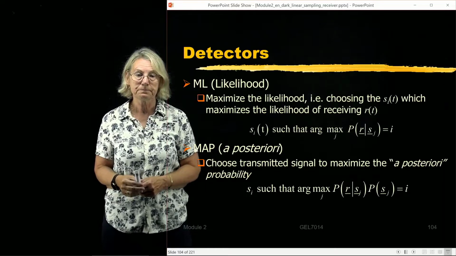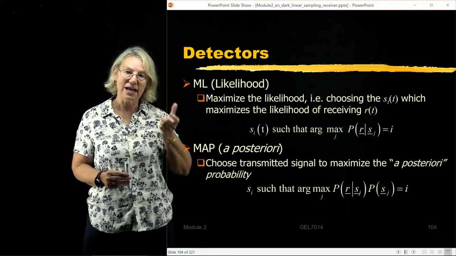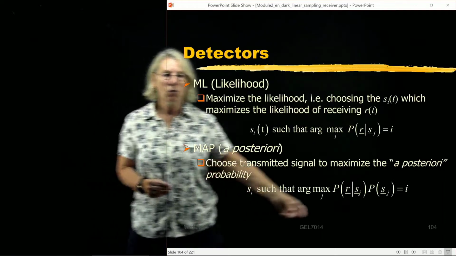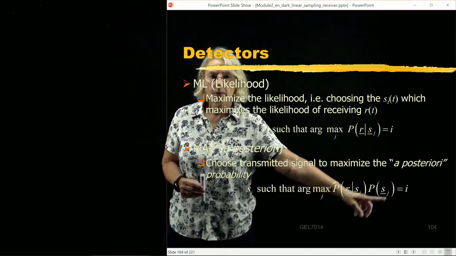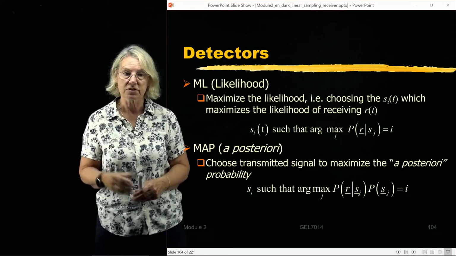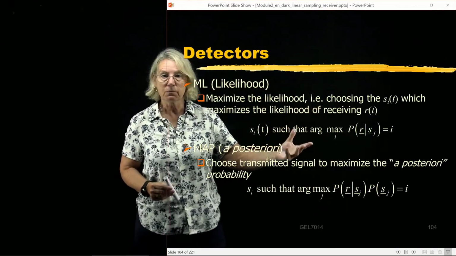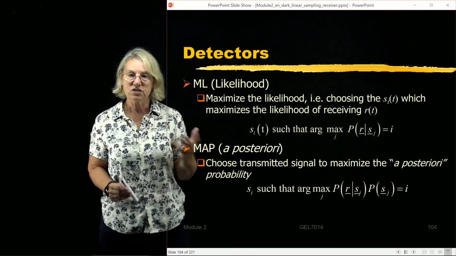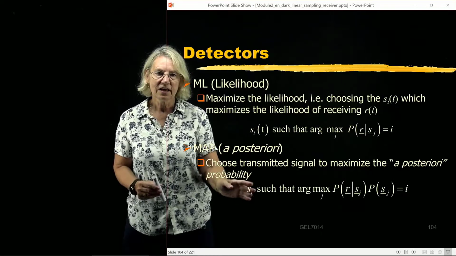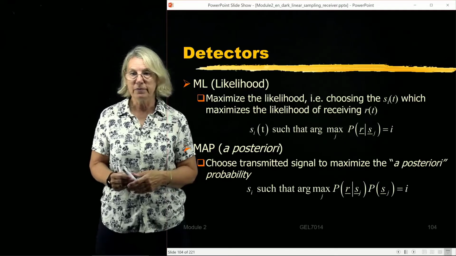The second strategy is what we call the MAP, where we try to maximize the a posteriori probability. We take the same likelihood function, but we apply a weighting function to it. We weight it by the a priori probability of each one of the symbols. So if one of the symbols is much more probable than other symbols, it will be weighted more heavily, and our decisions will be shifted a little to favor the symbols which are more probable of being transmitted.